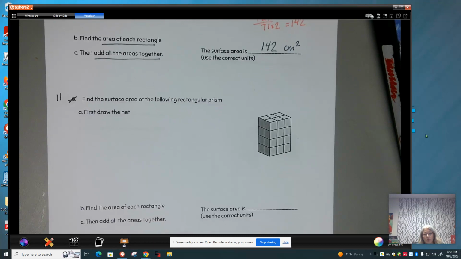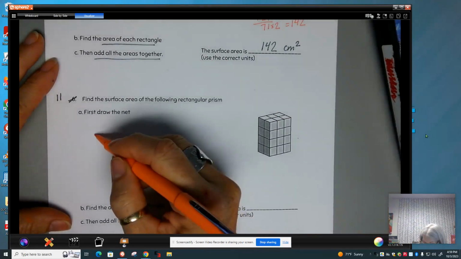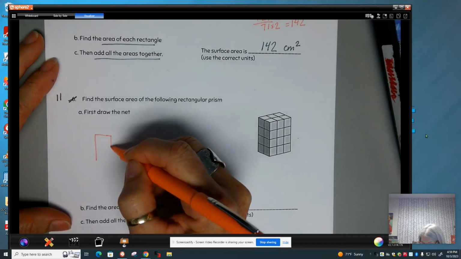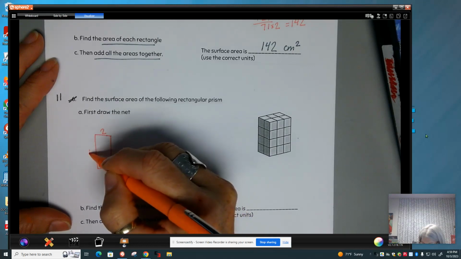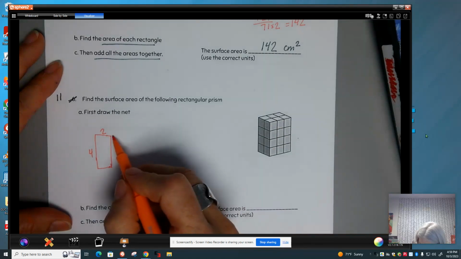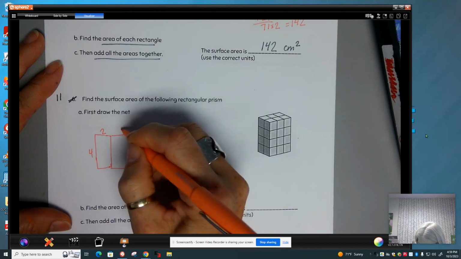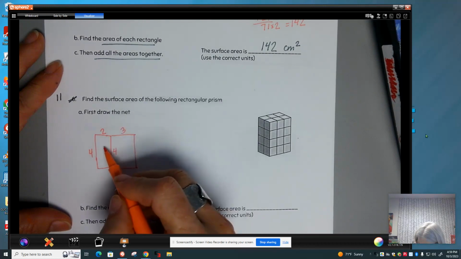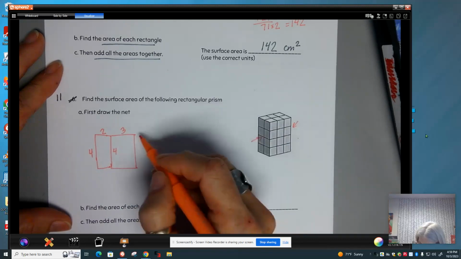Find the surface area of this shape. Well, I have this over here. It's a 2 by 4. Not a very good rectangle. 2 by 4. And then I have a 4 by 3. So I know this is going to repeat, because if this is right here, I have another one in the back.